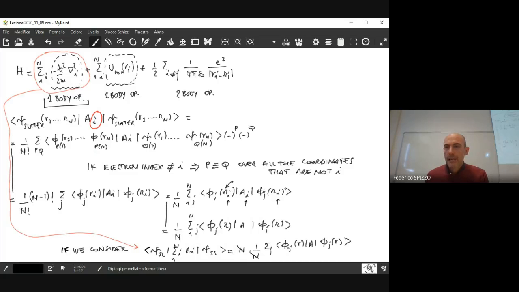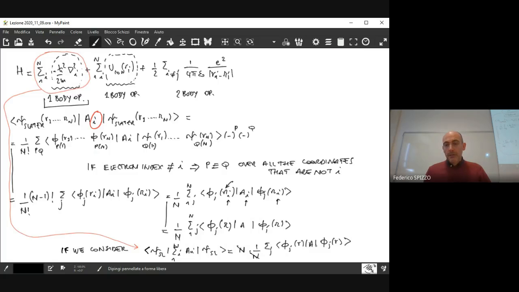So what we have at the end is that in case we have a one-body operator, if we consider this part of the Hamiltonian that is just a summation of one-body operators, and we consider the expectation value of that over this Slater determinant, then the expectation value is just the sum of all the possible expectation values of the same operator over the electronic levels.